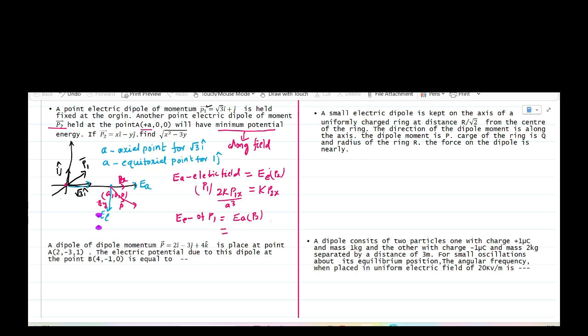So that is K into P2y by AQ is equal to K into 1 by AQ. From this, P2y is equal to 1 j cap. From this I am getting P1x equal to root 3. Therefore P2x is equal to 2 root 3.